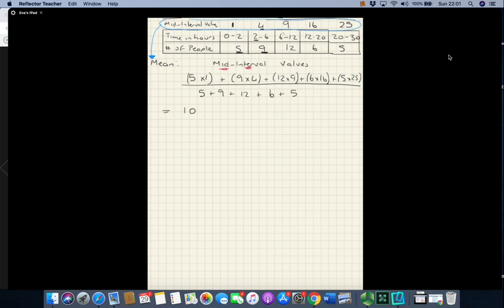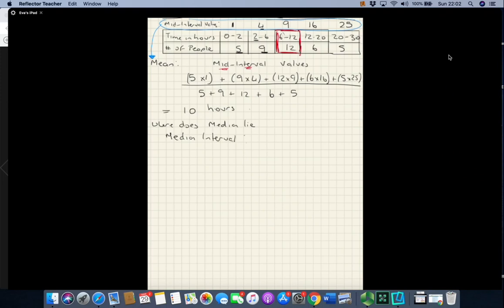Does that feel right? Well, I have a look to see what is my biggest number of people, which is 12. So time in hours, 10 hours. Yeah, that would make sense. Where does my median lie? This is my median interval, could be called that.